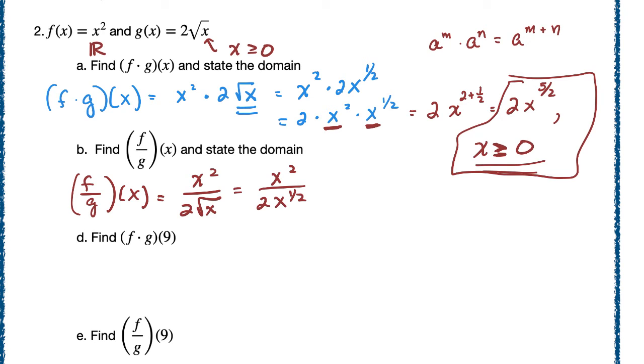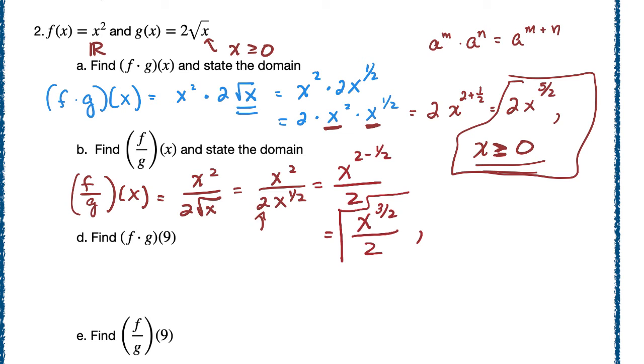So it's going to be x to the 2 minus a half, all over the 2 that is already down there. And let's just clean that up. 2 minus a half is 1 1/2, or 3 over 2. So x to the 3 over 2, all divided by 2, is f over g.